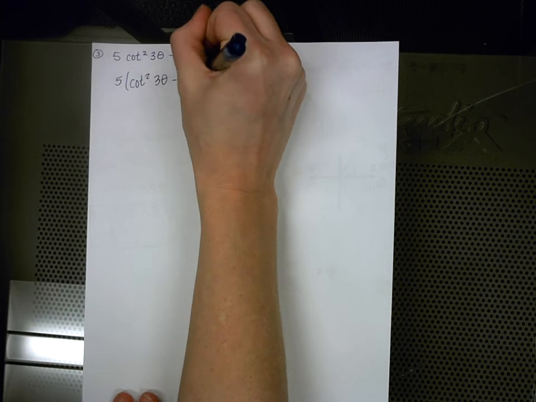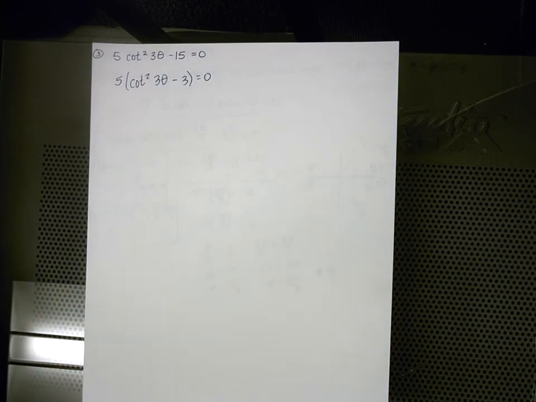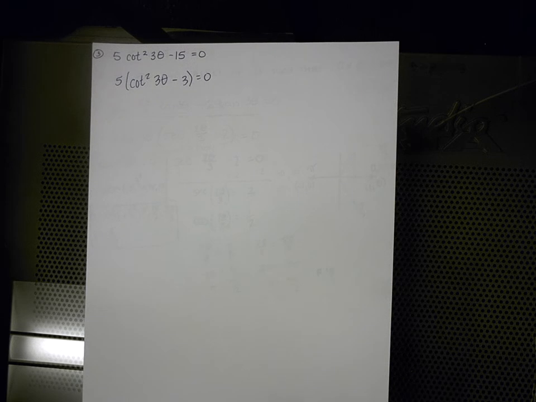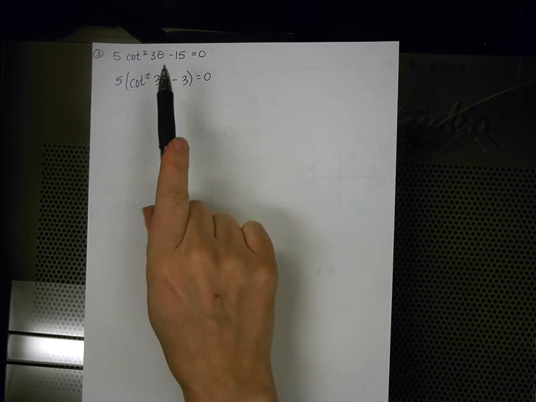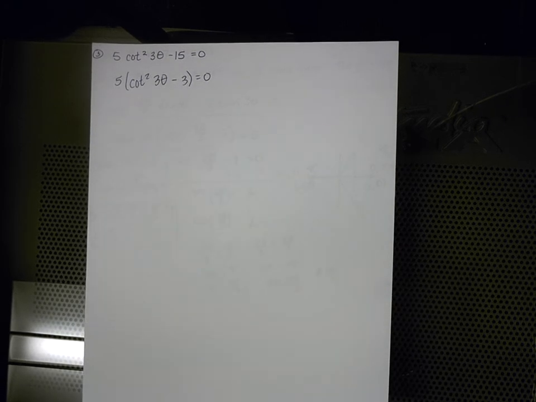So I'm not going to be able to factor by grouping, and I'm not going to be able to factor by difference of squares either, because 3 is not a perfect square. But let's see where we go from there.